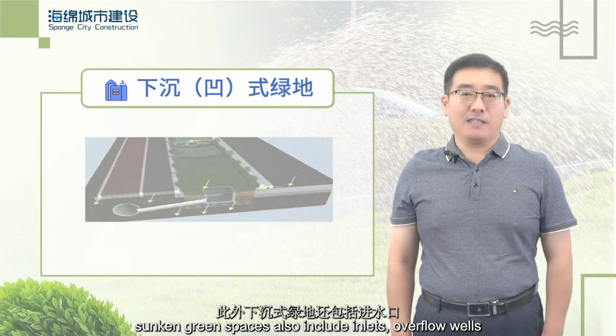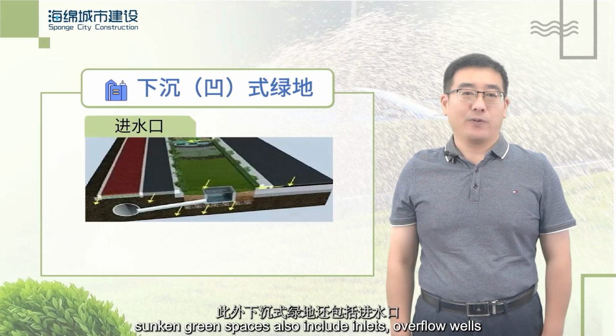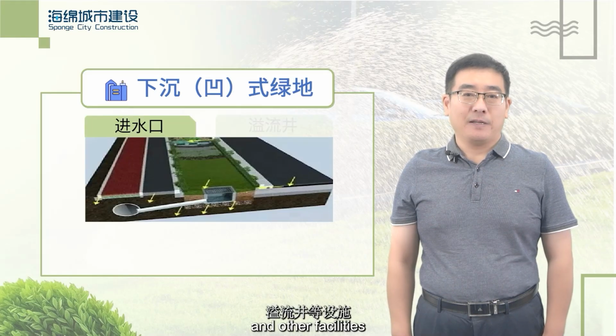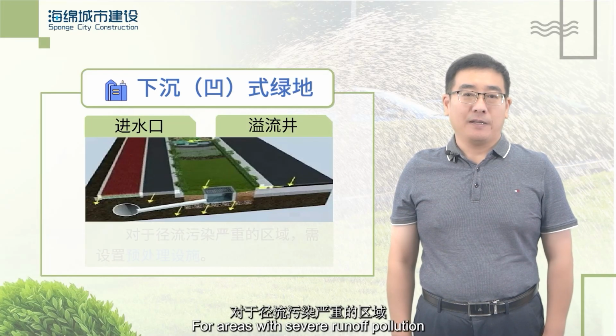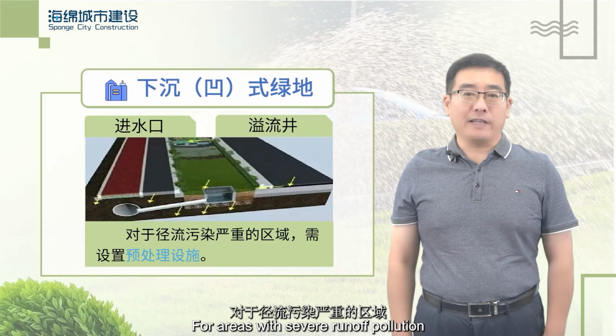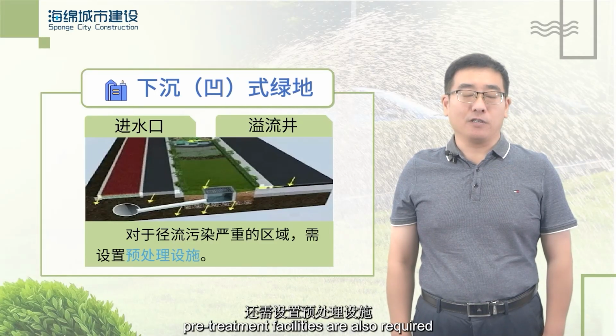Sunken green spaces also include inlets, overflow wells, and other facilities. For areas with severe runoff pollution, pre-treatment facilities are also required.